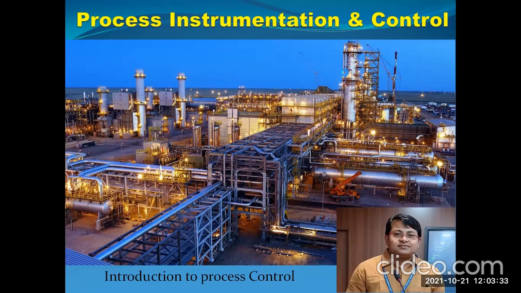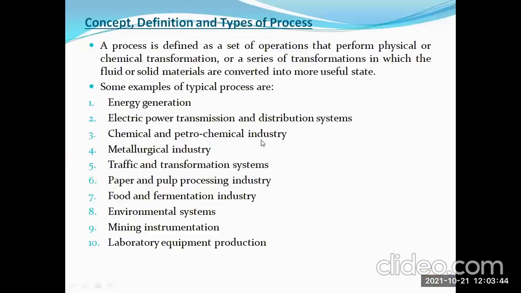So first we have to know the process. It is defined as a set of operations that perform physical and chemical transformations. In our process industries there are lots of industries we can see nearby, such as energy generation industries, fertilizer industries, chemical industries.